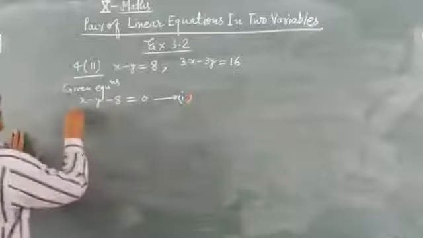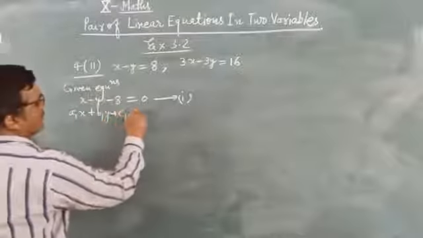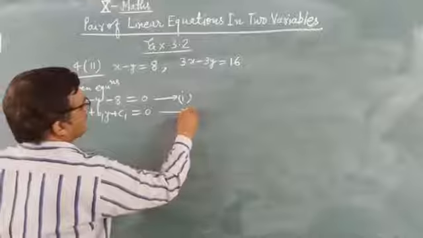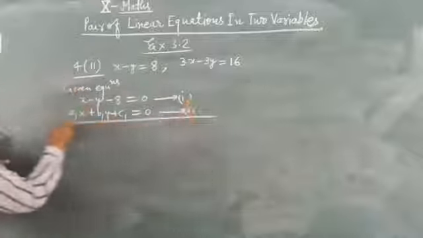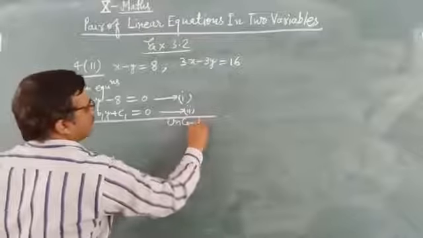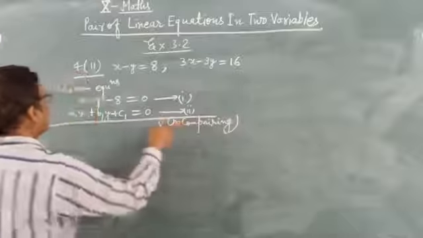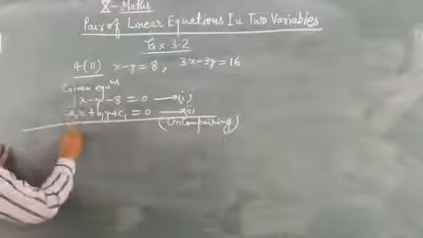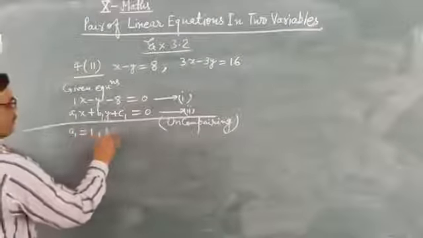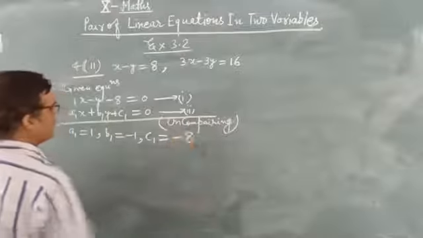On comparing this equation with the general form of a linear equation in two variables, a1x plus b1y plus c1 equal to 0, we have a1 equal to 1, b1 equal to minus 1 and c1 is equal to minus 8.